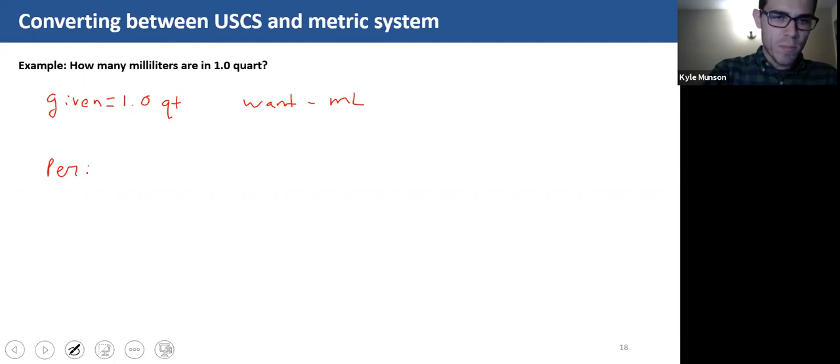And we'll see why that's important in a second. So there's 1 gallon for every 4 quarts, okay? And that's important because there are exactly 3.7854 liters for every 1 gallon.